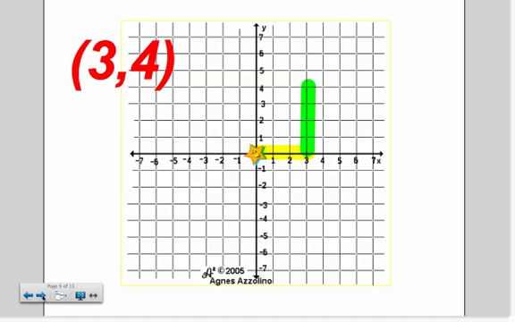If the number is positive, we go to the right. If the number is negative, we go to the left. The second number tells us whether or not we go up or down. Because it was positive 4, that means that we would go up 4 rather than going down 4. And this is the place where we put our point, and now I have my ordered pair plotted on my coordinate plane. This was example number 1.